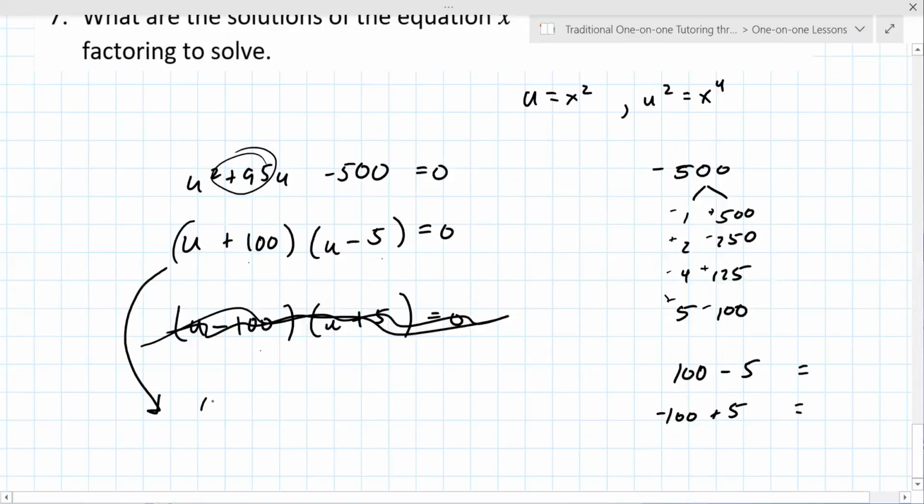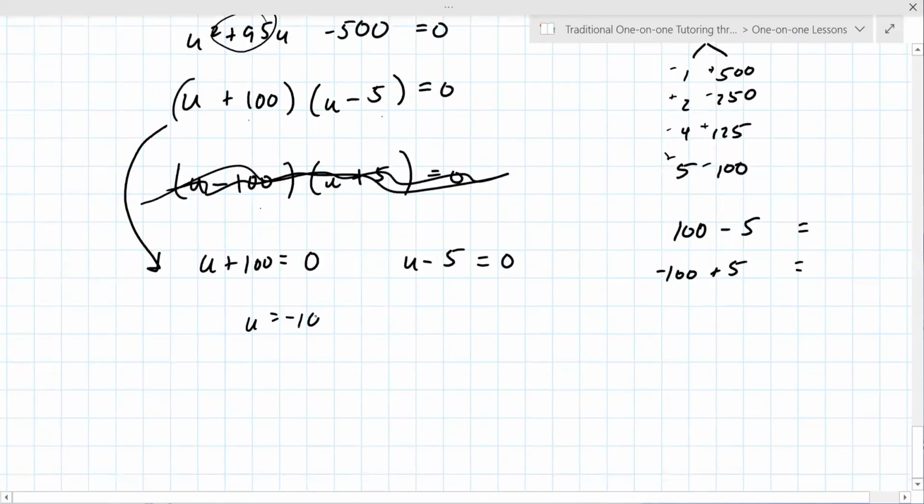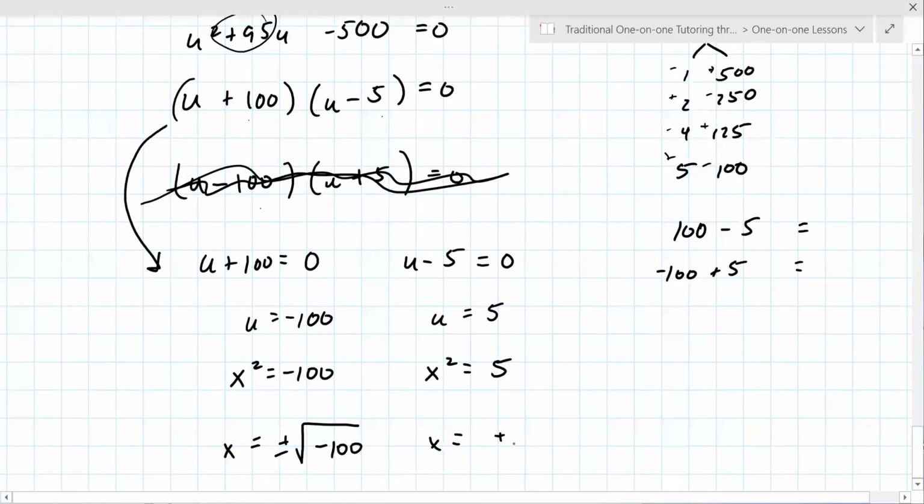So you've got u plus 100 equals 0, u minus 5 equals 0. So I get u equals minus 100, u equals 5. And then we change that to x squared equals minus 100, x squared equals 5. x equals plus or minus the square root of minus 100, x equals plus or minus the square root of 5.